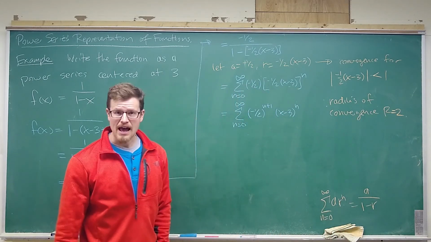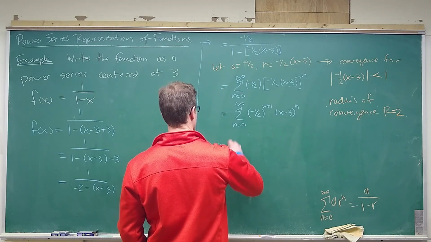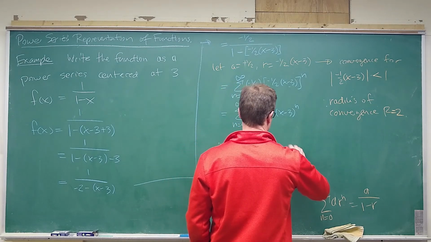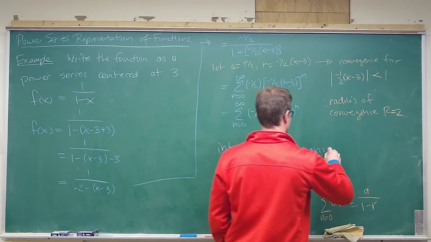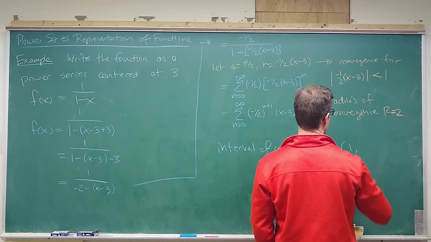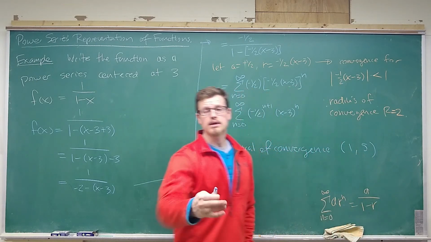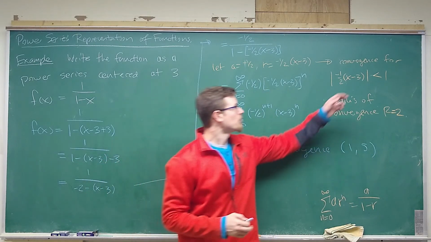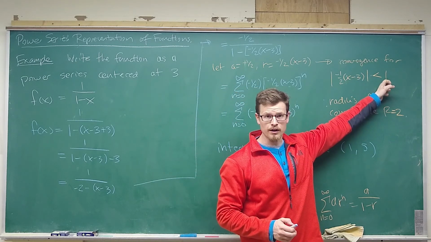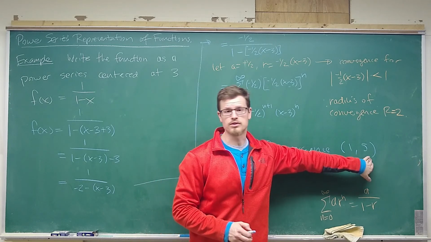Since we're centered at 3, this gives us an interval of convergence from, let's see, 3 minus 2 would give us 1, 3 plus 2 would give us 5. Again, because it's a geometric series, we know that when this absolute value is equal to 1, we have divergence. So we do not include 1 and we do not include 5.